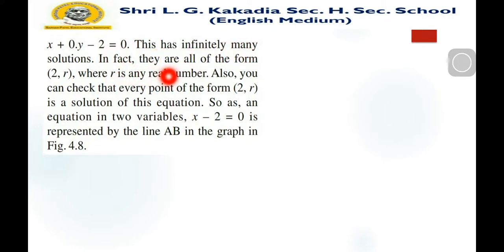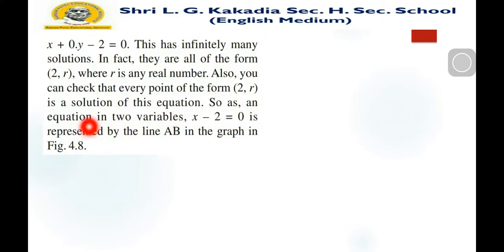In fact, they are all of the form (2, r), where r is any real number. Also, you can check that every point of the form (2, r) is a solution of this equation.